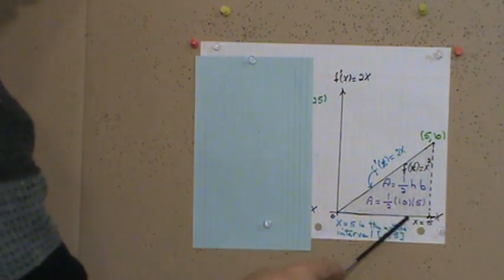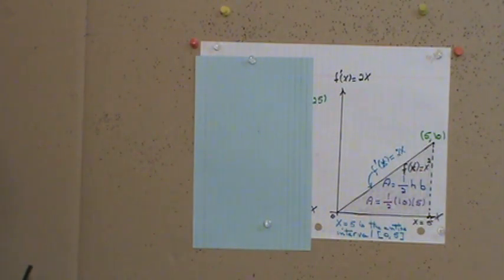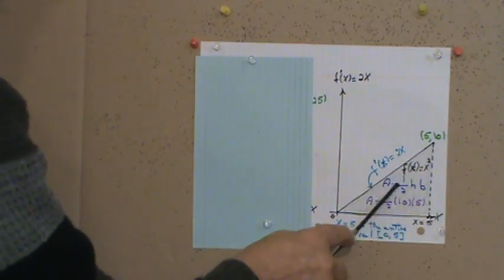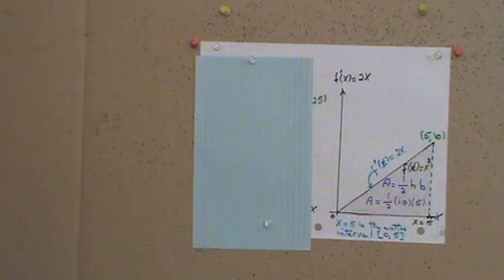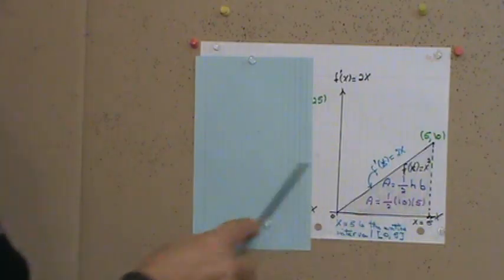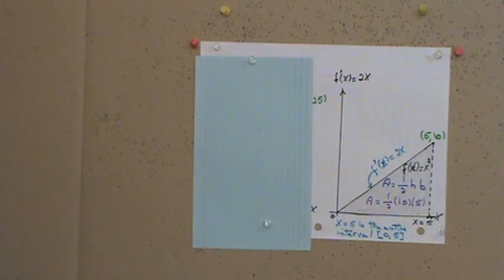The base of that is 5. 10 times 5 is 50. And according to the formula for the area of a triangle, 1/2 height times base, half of 50 is 25. So the area under this graph will be 25. When I give it 5 as an input, it gives me 25 as an output for the area. You follow me so far?